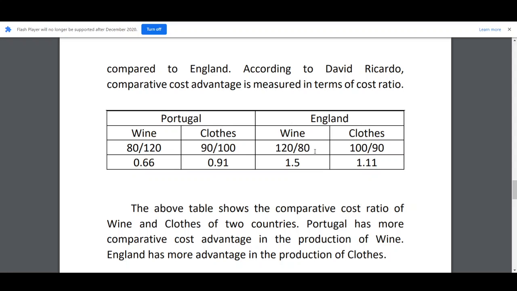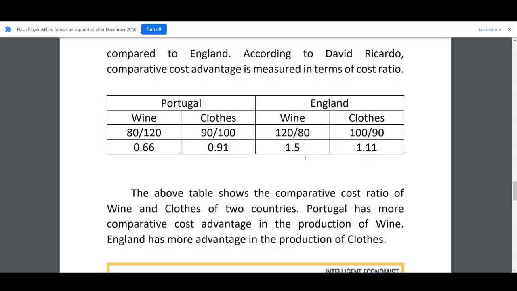And in the case of England, what is happening? What is the cost ratio? 1.5 in the case of wine and in the case of cloth, 1.11. So, England has more advantage in the production of cloth. Okay, because 1.11 is less than 1.5, and here 0.66 is less than 0.91.